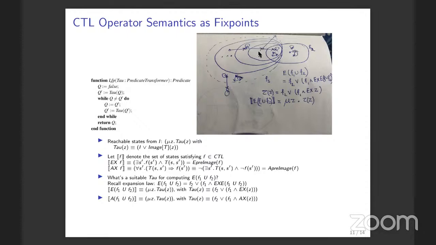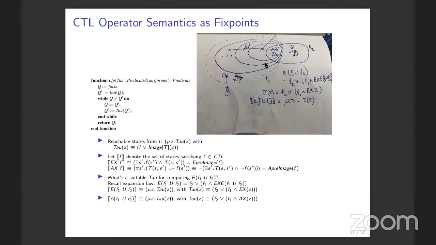So you cannot have states like this. Here I added any F1 state, even if it had only one successor, whereas here you will have to use AX, the A pre-image, to add in each step.